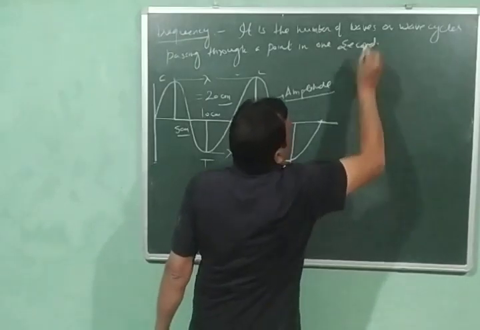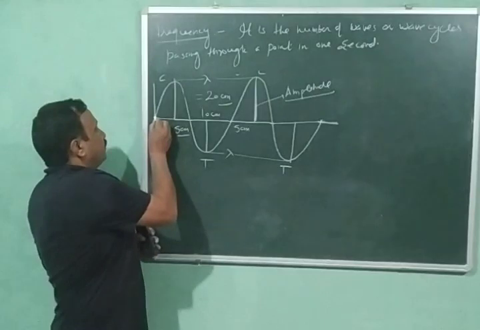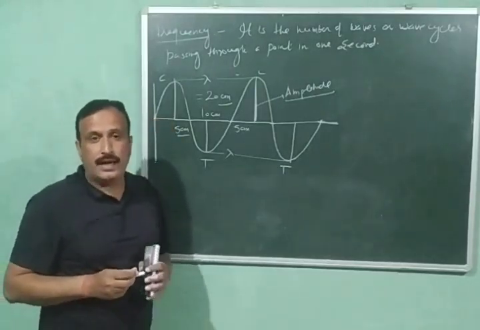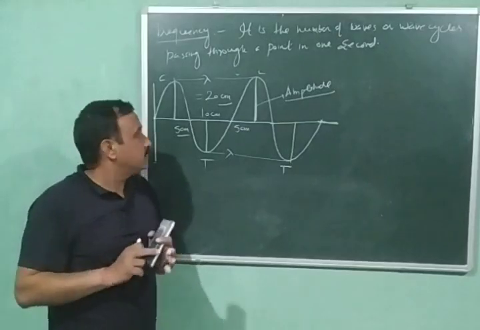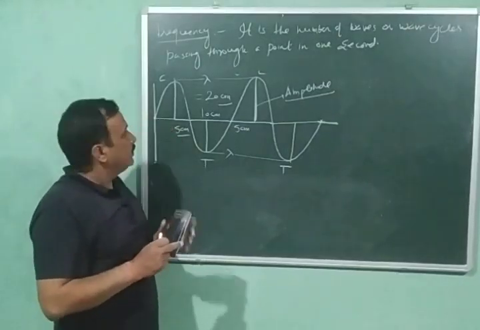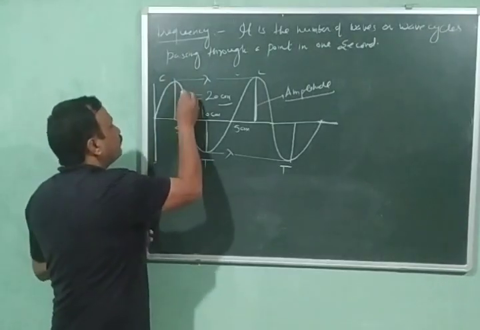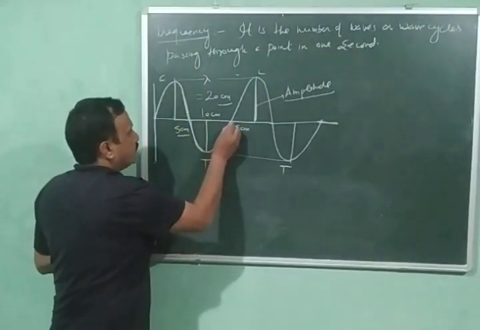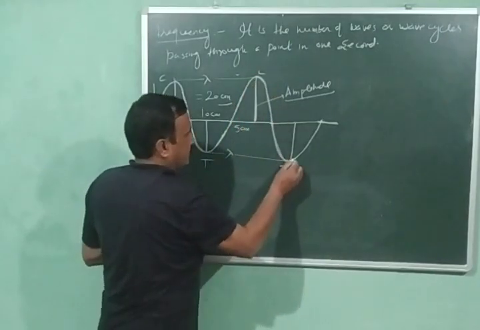Okay? And suppose we have a point here, and if two cycles are passing through this point in 1 second, here we have this one cycle, and this is your second cycle.